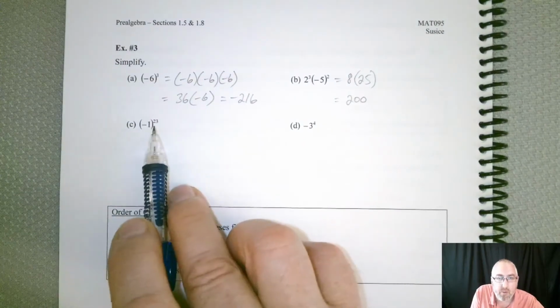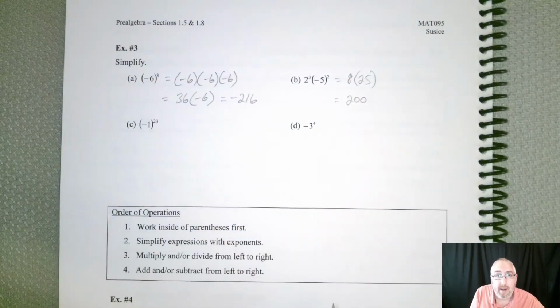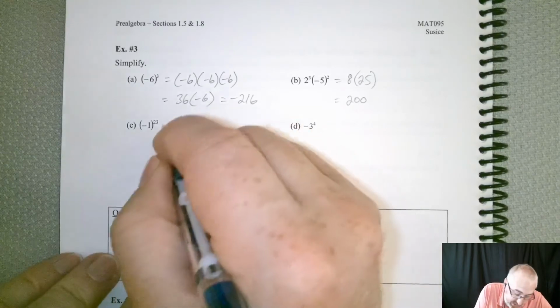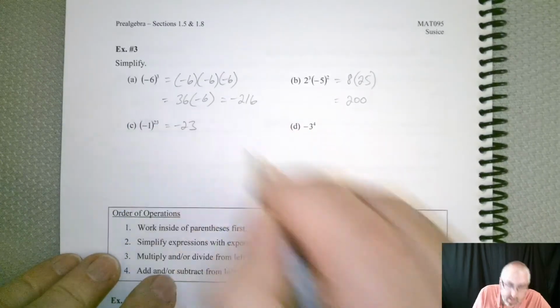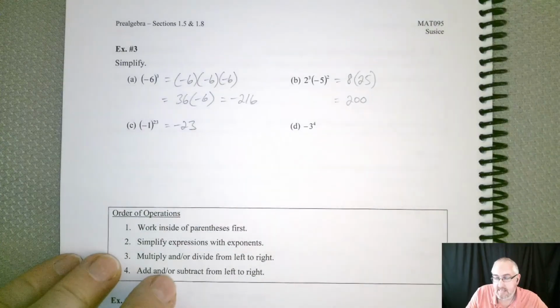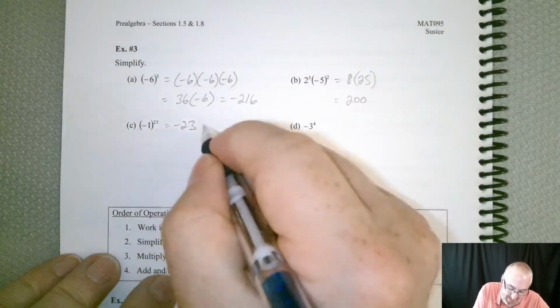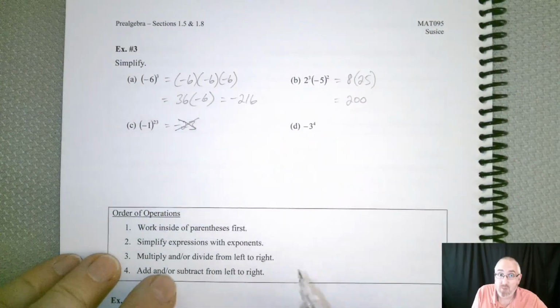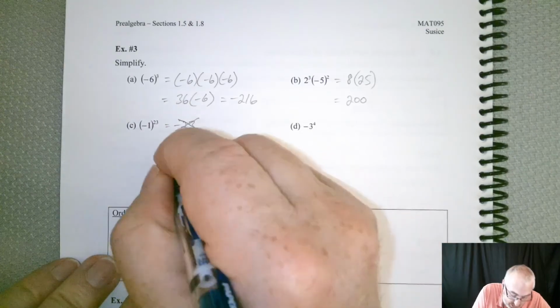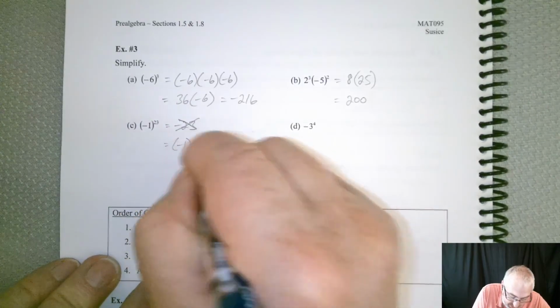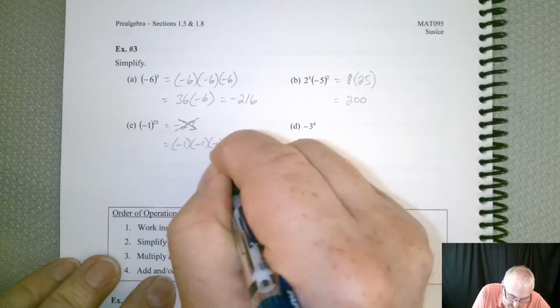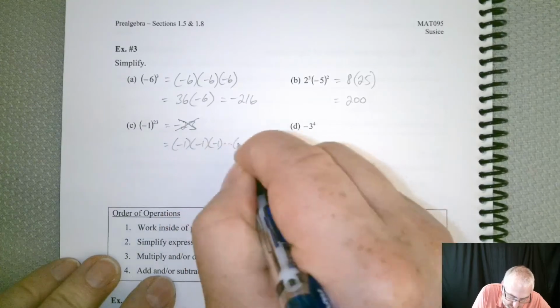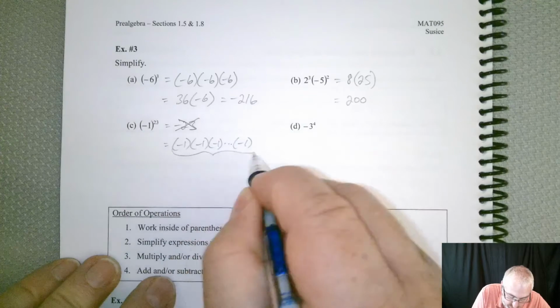Ooh, how about this next one? Negative 1 to the 23rd power. Now, I bet you some of you are saying, well, that's easy, right? That's just negative 23. Nope, not negative 23. Because what is this telling you? This is saying we're going to be multiplying a bunch of negative 1s, and it just keeps going until you got 23 of them.